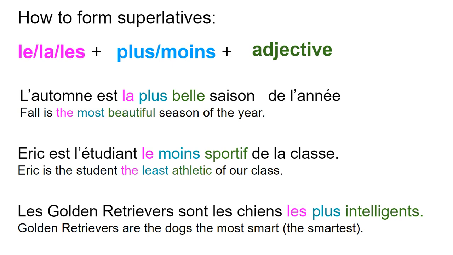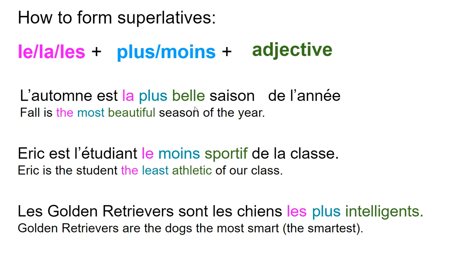The one thing I wanted to point out is our BAGS adjectives, right? So our BAGS adjectives come before the noun that they describe, and it's going to be the same situation in our superlatives. So notice here is l'automne est la plus belle saison.